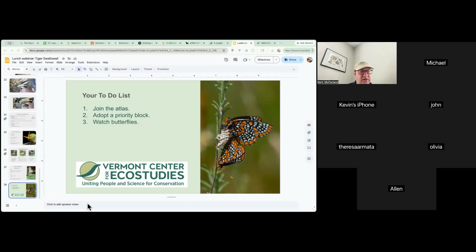The thing I continue to tell people about eButterfly is that, like eBird, it collects checklist data. So we get your effort: how many people were out butterflying with you, how much time you spent, the distance you walked, and all the butterflies you counted. Instead of just, oh, there was a monarch here, it's, there was a monarch here and there were seven of them.